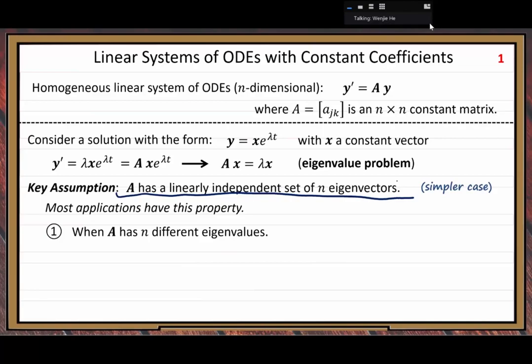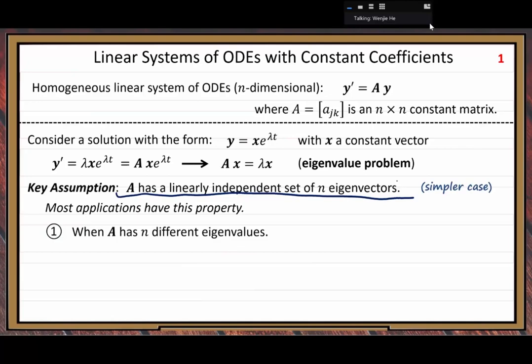Then this condition is satisfied automatically. We can prove that all the eigenvectors for n simple eigenvalues must be linearly independent. It can be proved easily. So that's the first type, n different.